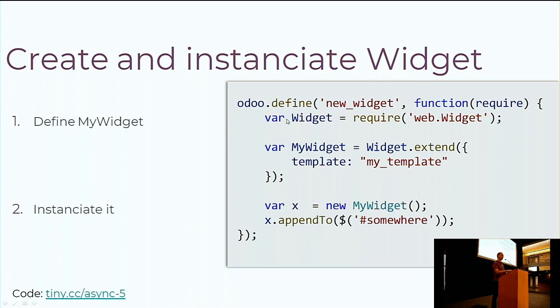So here we define, we require a widget, so we put a dependency on widget. We create a new widget class which extends widget, and immediately after, before anything on the page is ready, maybe before the rest of the code is ready, we try to append it in the DOM. Of course, this cannot work.